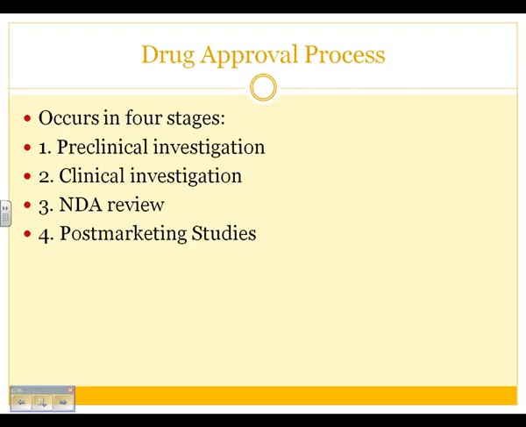The second one is your clinical investigation. It usually takes place in about 3 different phases. I'm just going to talk about them in general. They do clinical trials on small groups to see how that particular group responds to that treatment.